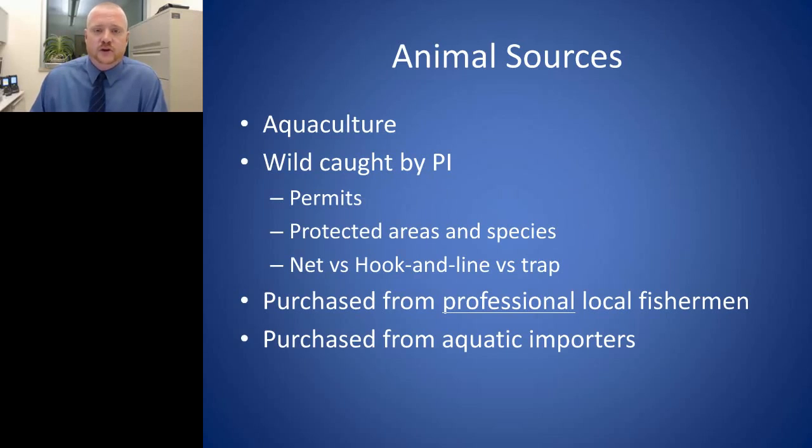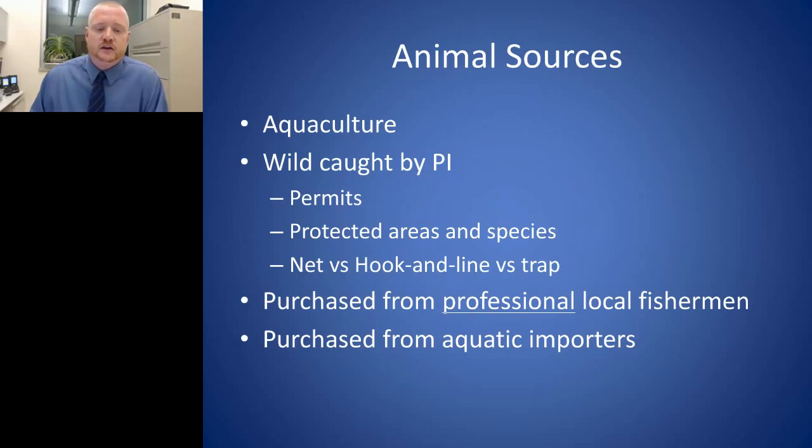However, when it comes to regulations, we want to make sure that the PIs have the right permits. And this is something that we ask for in our protocol reviews, is permits and special activity licenses. It's a state of Florida thing, and just to make sure that they're not in protected areas or getting protected species or anything like that, to help both the investigator and the university stay compliant with legal regulations.